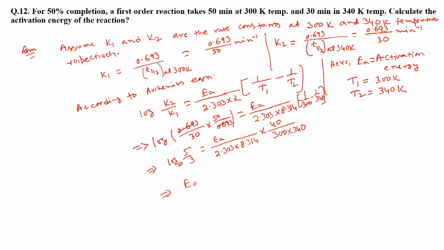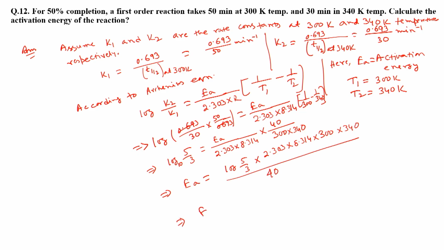So, you get Ea is log 5 by 3 times 2.303 times 8.314 times 300 times 340 by 40.